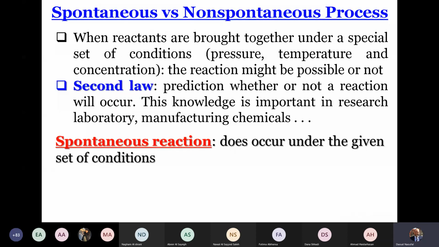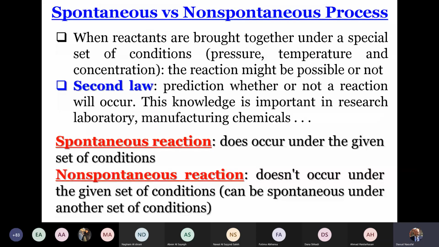A spontaneous reaction is a reaction that occurs under the given conditions without external effect. A non-spontaneous reaction means that in the given conditions, this reaction could not occur. It can be spontaneous if you change the conditions. I will give an example. In grade 12, sometimes we say that this reaction needs a catalyst.